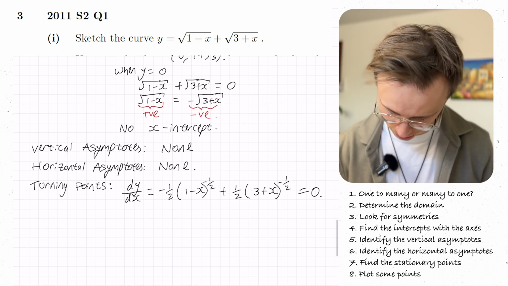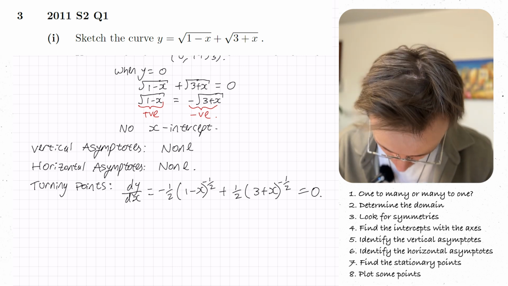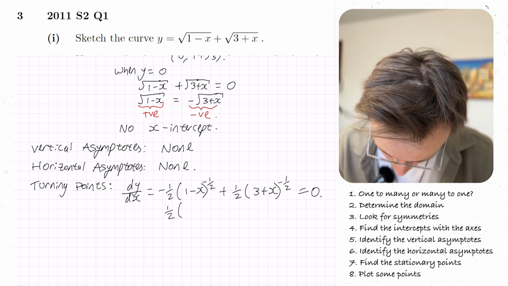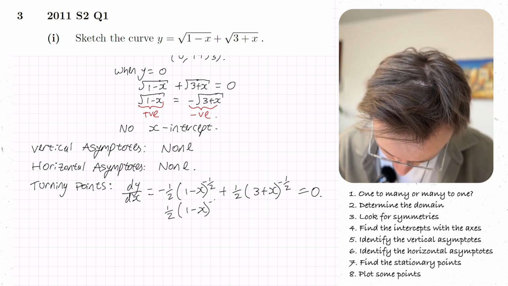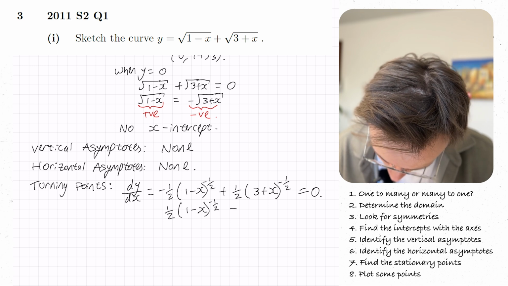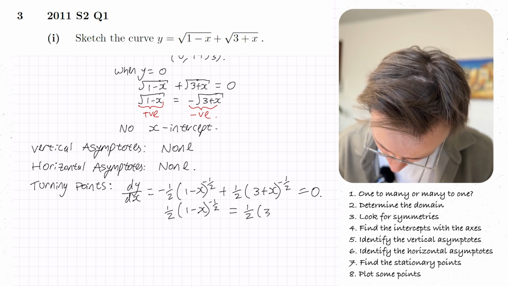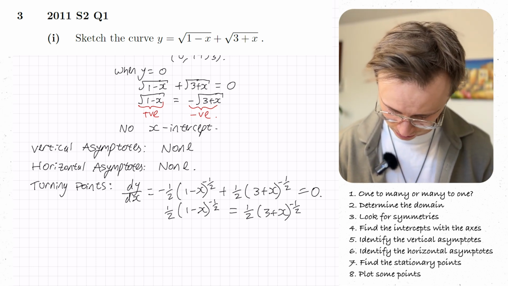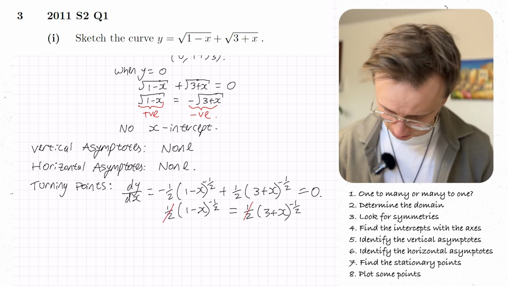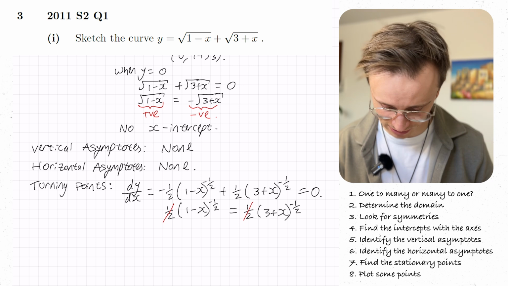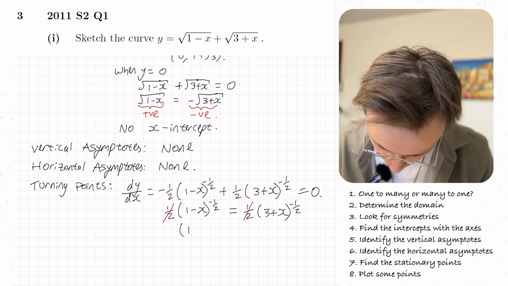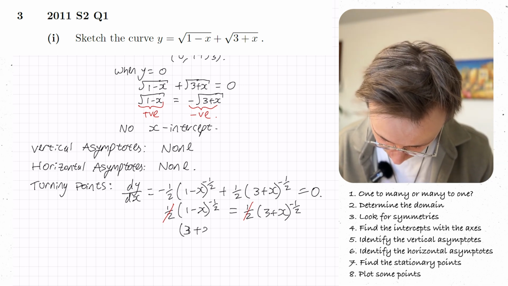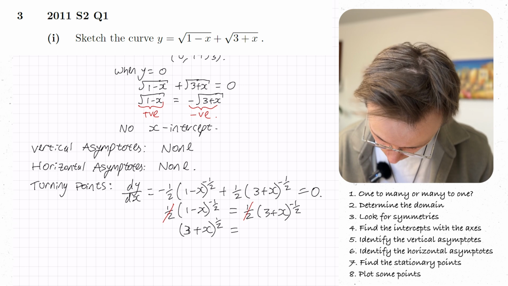Okay, so again, I can just rearrange. So I've got 1/2 (1 - x)^(-1/2) equals 1/2 (3 + x)^(-1/2). Can cancel out the halves. Can take (3 + x) to the other side and (1 - x) to the other side to get (3 + x)^(1/2) equals (1 - x)^(1/2).